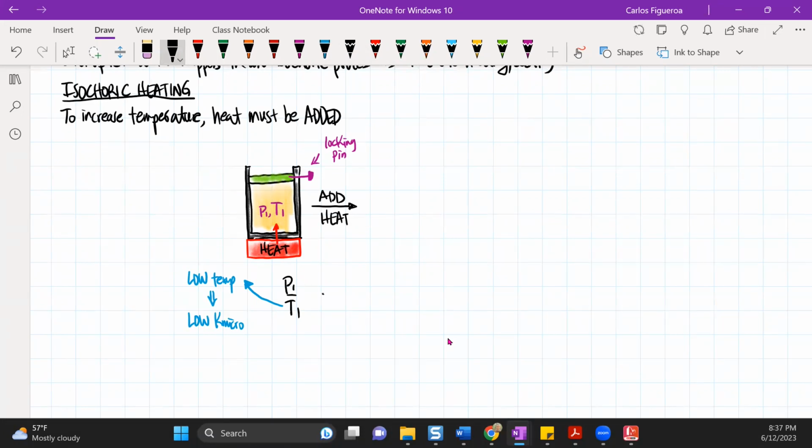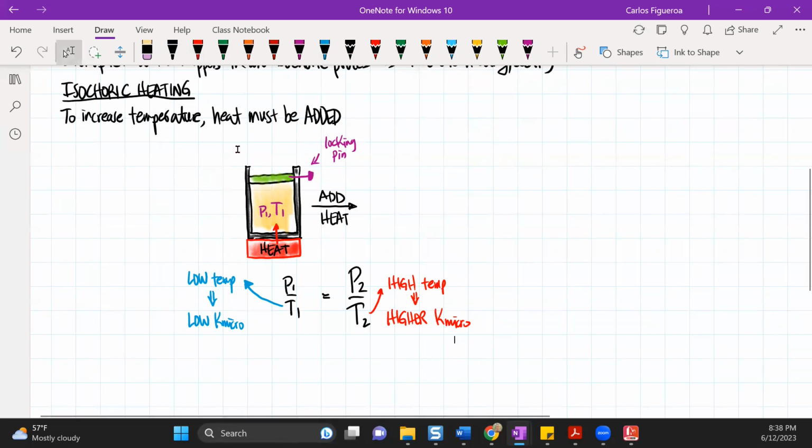But now what happens is that when I heat this up, I expect the pressure to go higher because the temperature has increased. And because the temperature has increased, so now I have a high temperature. And as a consequence, I'm going to have a higher K micro, which then means I'm having more collisions per second.